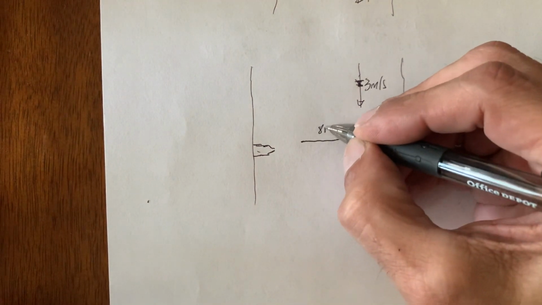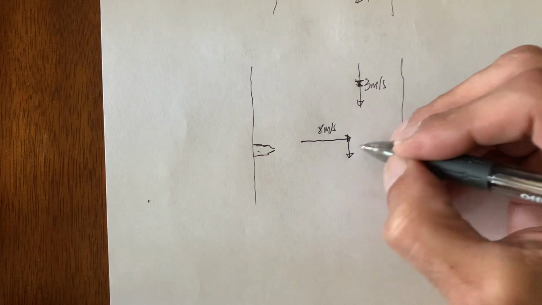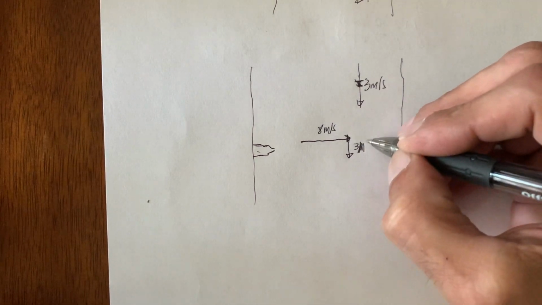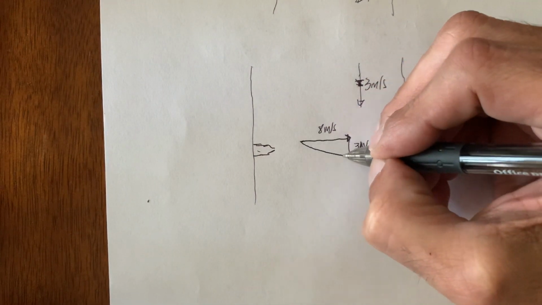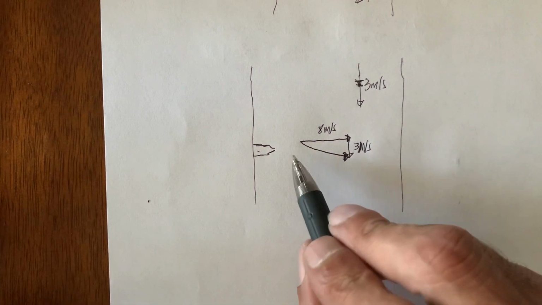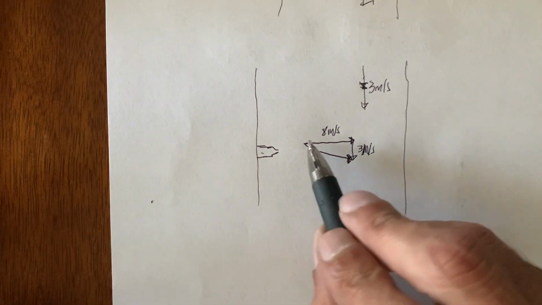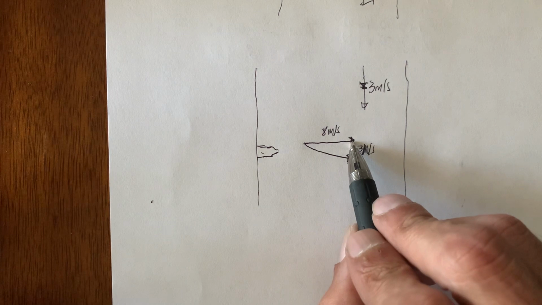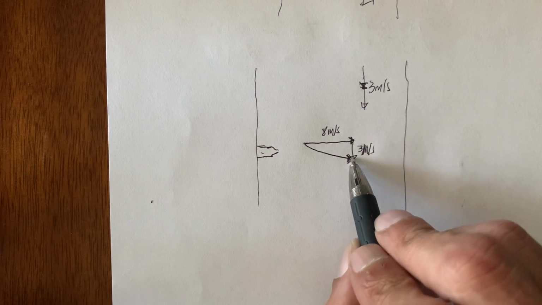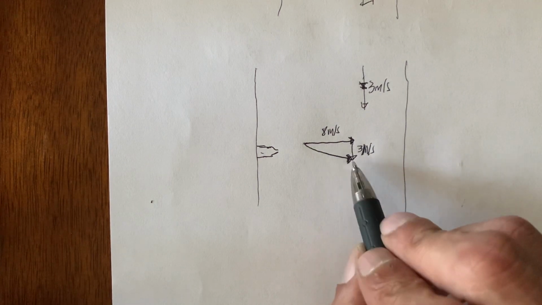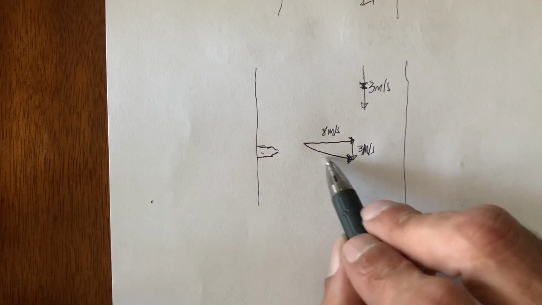You got your 8 meters per second and your 3 meters per second, and that gives you a picture of what direction your boat is actually going to take, because you're going 8 meters per second in this direction, and at the same time you have 3 meters per second this way. So that's where your final velocity would be pointing.